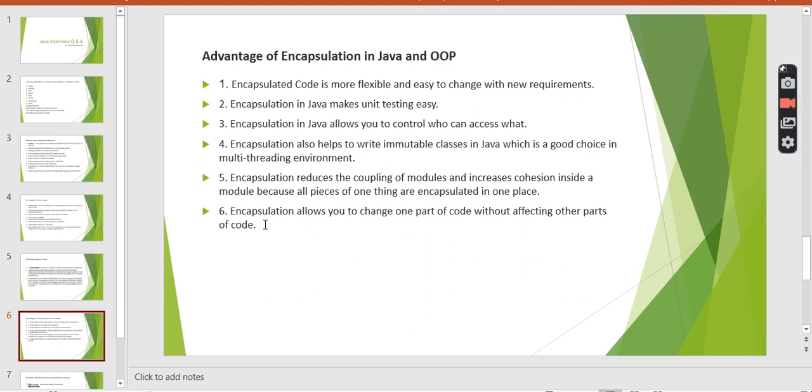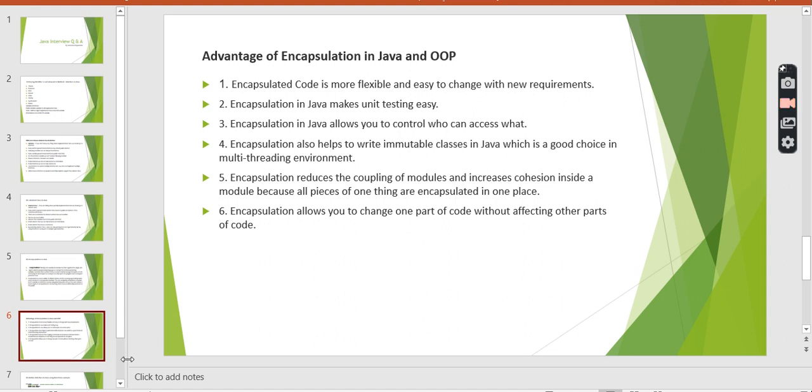So it reduces the coupling of the module and increases the cohesion. Okay, now encapsulation allows you to change one part of code without affecting the other part of code. As I discussed, if you want to change the variable name or variable visibility, then you can directly change it inside your class. It will not affect the outside or other parts of the code.